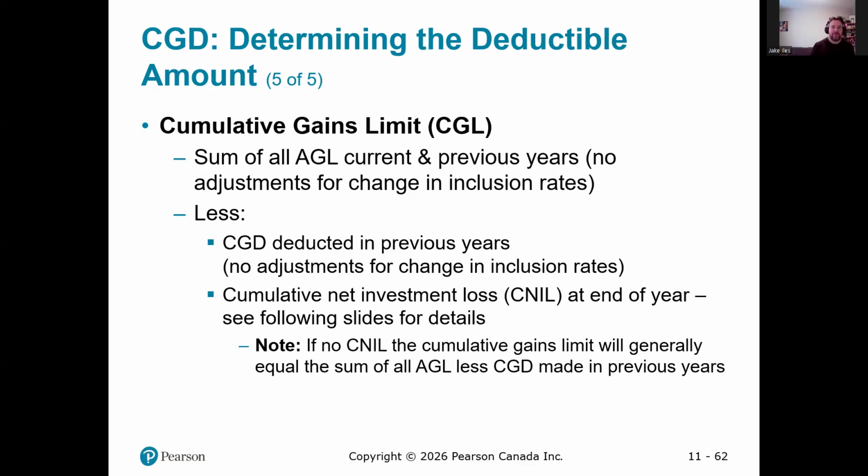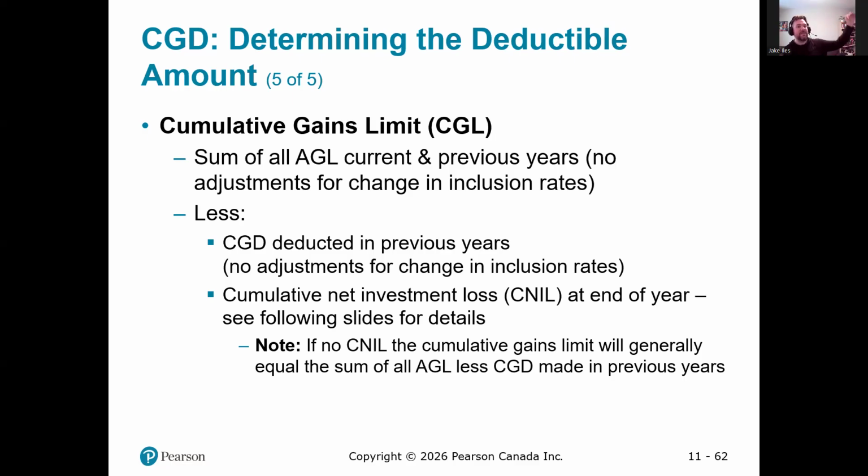I want to use the capital gains deduction and save these losses for the future. Well, the CRA says no. You can't use the capital gains deduction until your net investments in your life is positive. So you need to use up these investment losses first before you get that preferred protection.